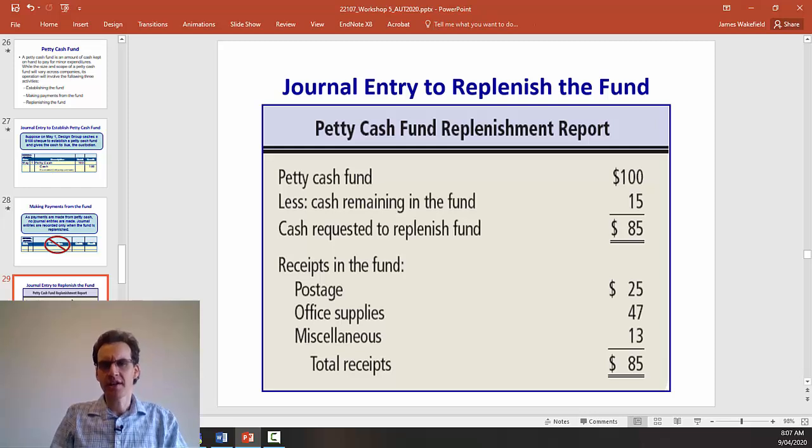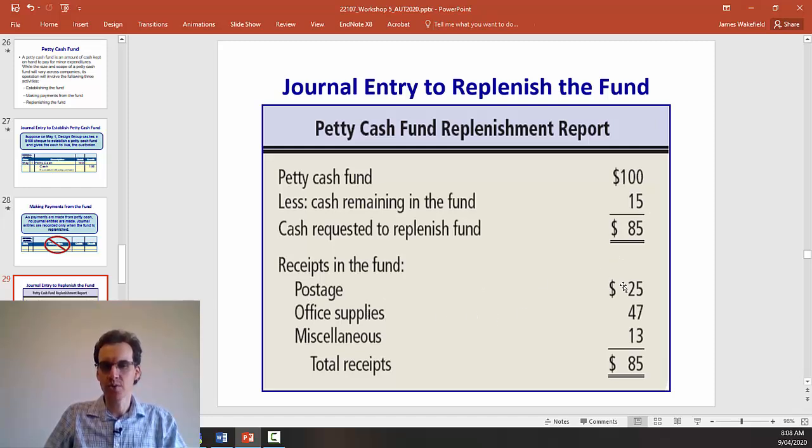Now, if the custodian identifies that they need to replenish the petty cash fund, so they have $15 in this case remaining in the petty cash fund, and so therefore they want to top it up. Well, the first thing that they're going to look at is whether or not all the receipts that they have in their petty cash drawer, which may be a locked drawer at their desk, match the amount of cash that's been used up.